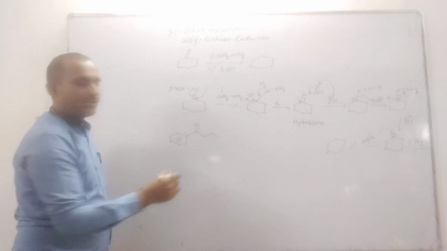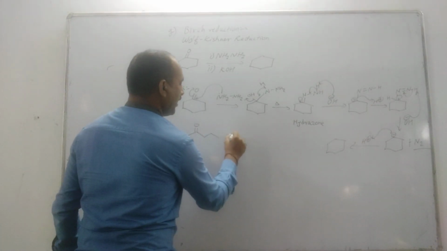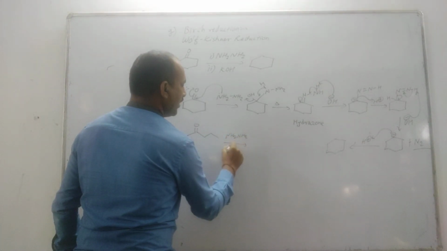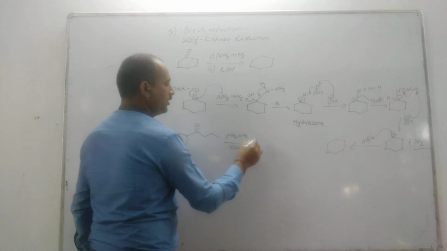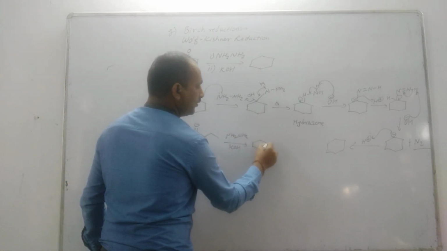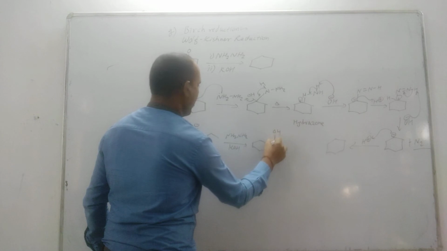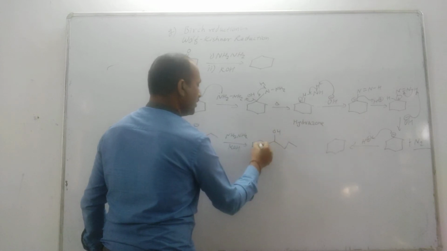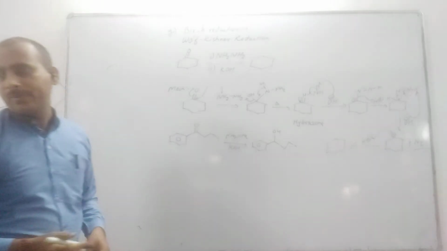In the presence of NH2 NH2 KOH, this gets reduced, leaving OH CH2 CH2 CH3. So this type of alcohol is formed.